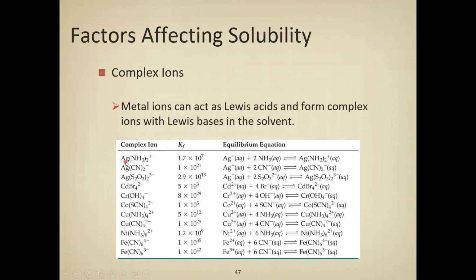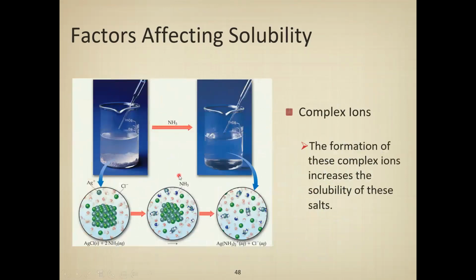So when we look at something like the silver one here, when we look at the next slide, we can see why this is going to increase the solubility of something like silver chloride. AgCl is going to be an insoluble salt, or mostly insoluble, at least, only a small amount of it. So if we look at the picture here, we've got most of it intact as the solid. We only get a little bit of those ions produced.